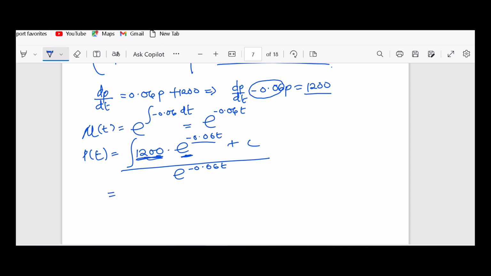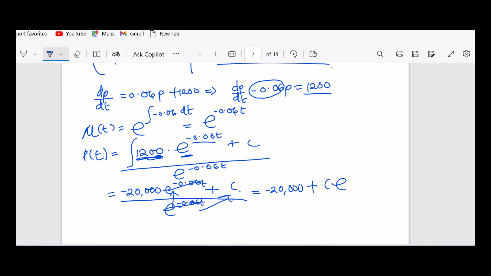Dividing 1,200 by negative 0.06, we get negative 20,000 e to the power negative 0.06t plus c, all over e to the power negative 0.06t. This cancels with this part, so you get negative 20,000, and the exponential in the denominator comes up as positive, plus c e to the power 0.06t.